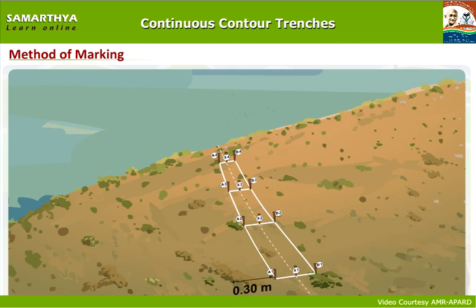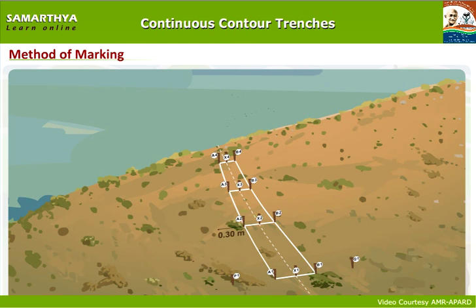From A1, measure 0.3 meters on bottom side and fix a wooden pole and mark it as P1. From B1, measure 0.3 meters on upper side and fix a wooden pole and mark it as Q1.